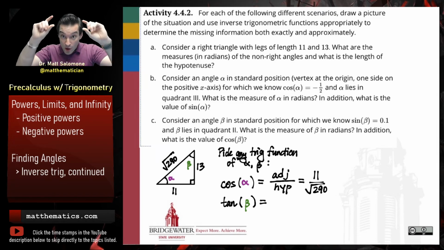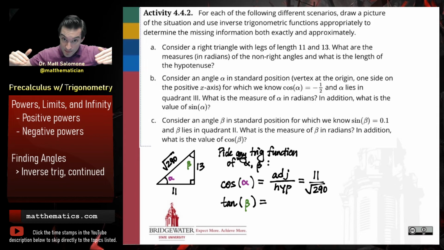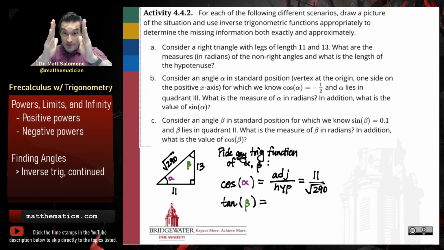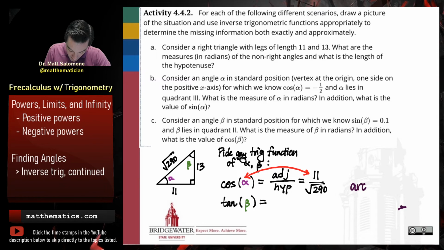So if I want to know what alpha is, what's the measure of the angle alpha, I just have to use the inverse of the cosine function and put into that inverse 11 over the square root of 290, right? In other words, what I'm really doing is trading places between the input and the output to this cosine function. And when I trade places between the input and the output, my function, which was originally written cosine, is now arc cosine, the inverse function of cosine.